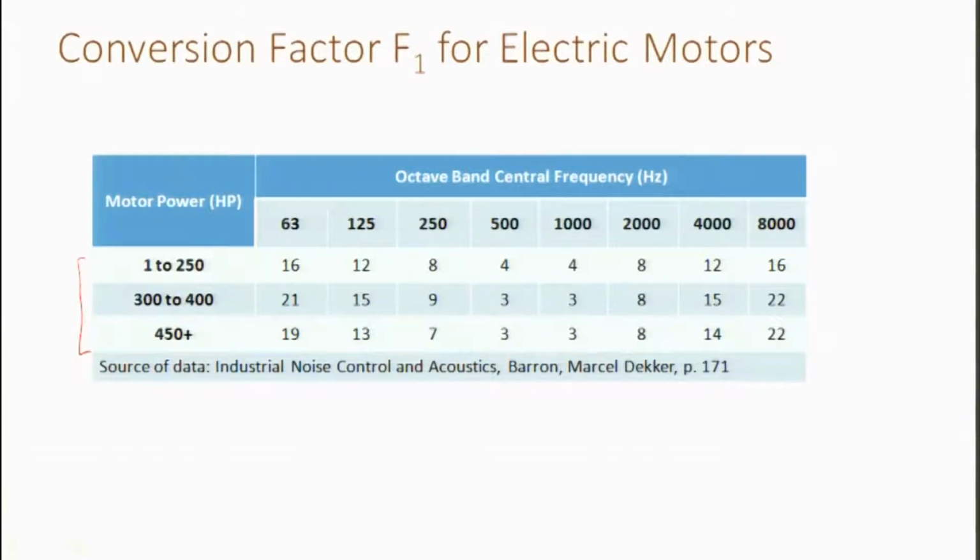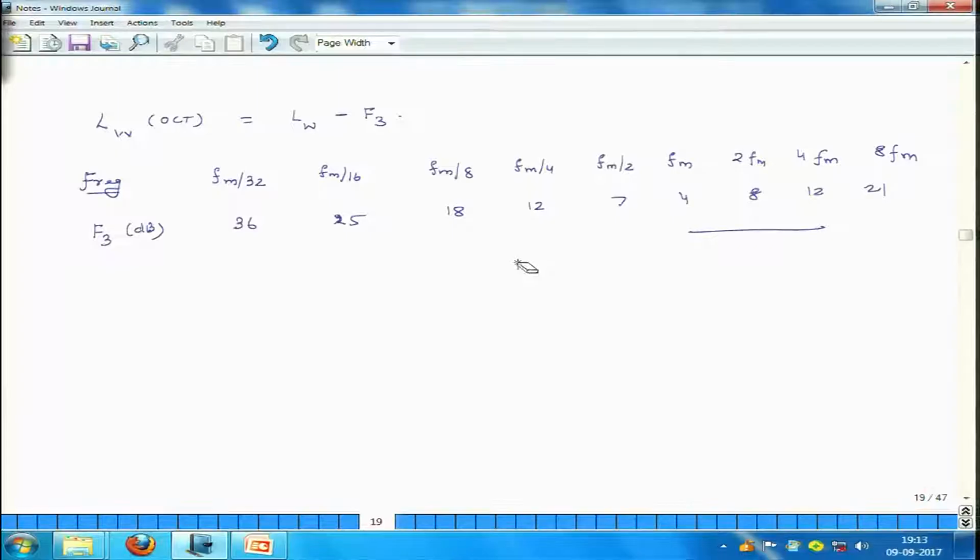The author is Barron, it is published by Marcel Dekker, and this table is from page 171, but from the same chapter I am citing all these data. This is important to remember. If you run into questions or want more information, it is worthwhile checking this book. So, this is how we compute LW for each octave band.